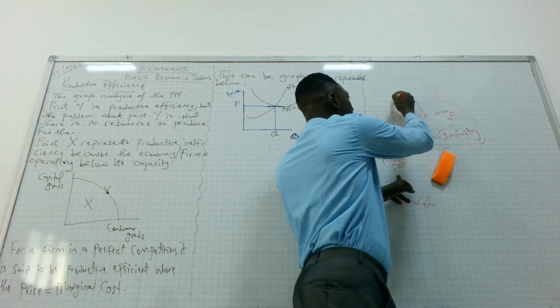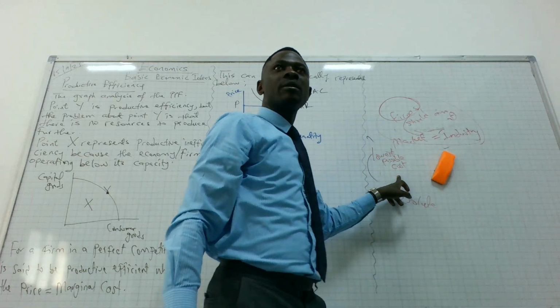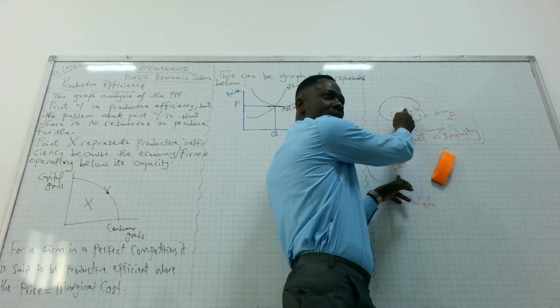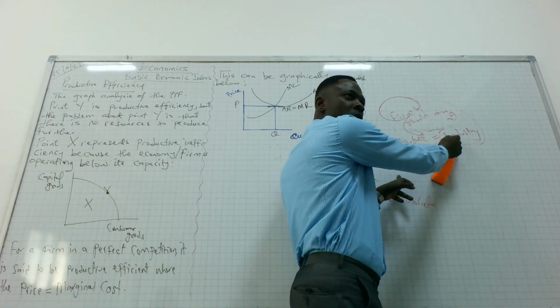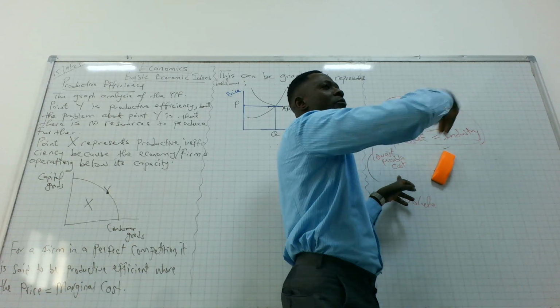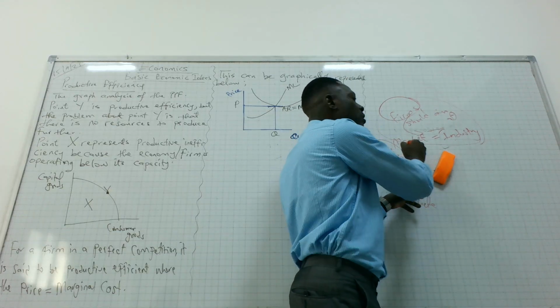So a combination of firms makes a market or industry. Yes? The combination of firms makes a market or industry. So firm A, B, C, D, E, F to infinity, they must ensure that they have the lowest possible cost.